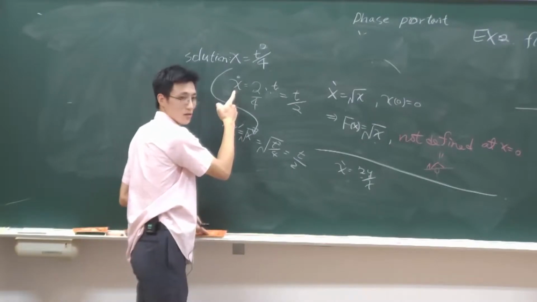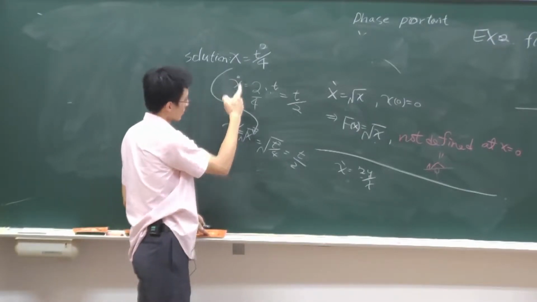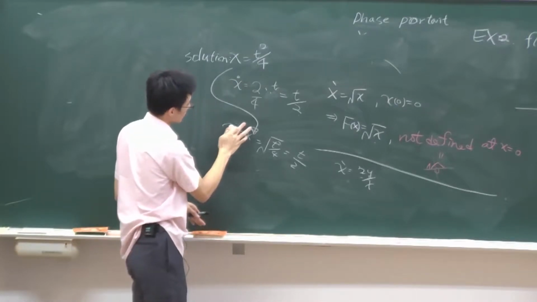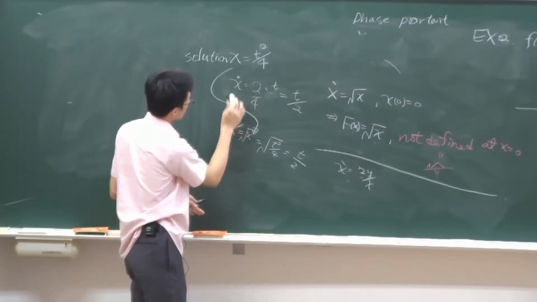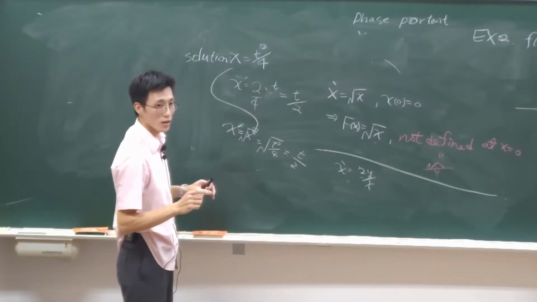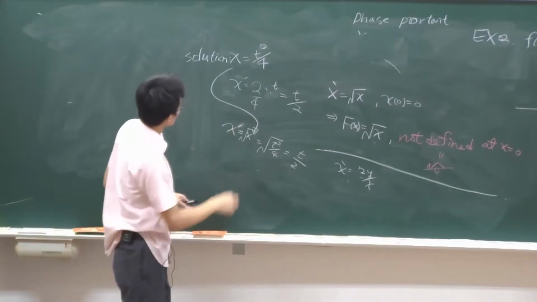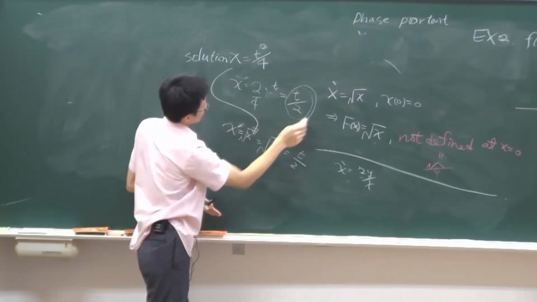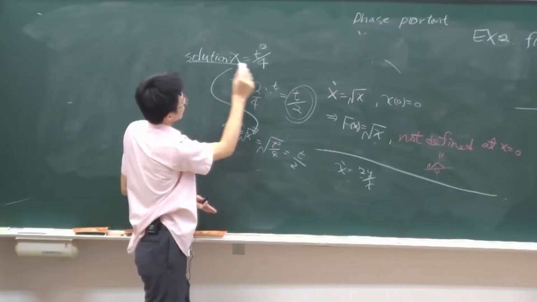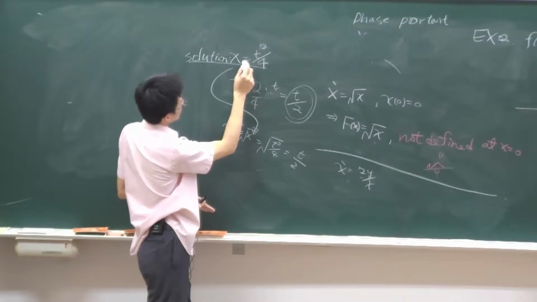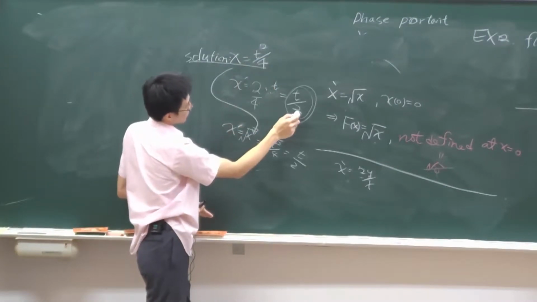Because x is a function of time, its time derivative and partial derivative are the same. Given this solution, we take the time derivative and obtain this.